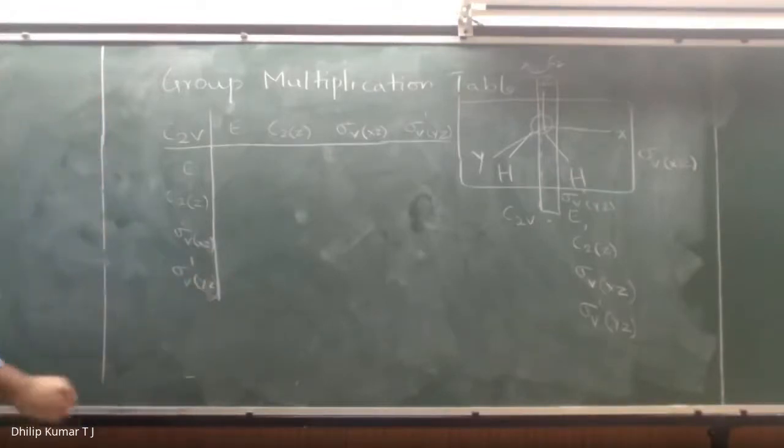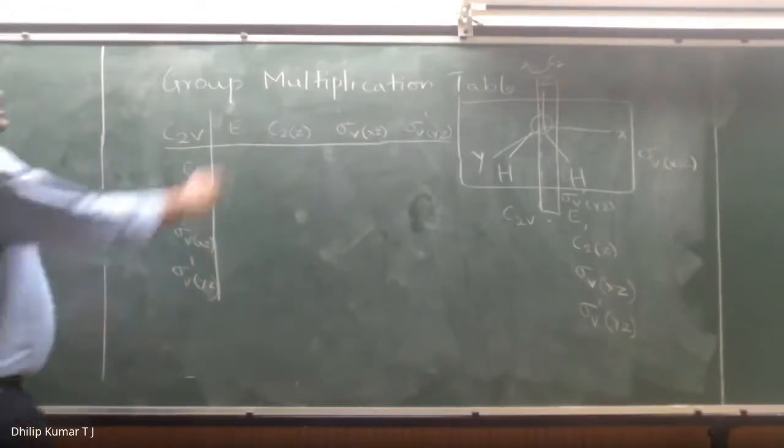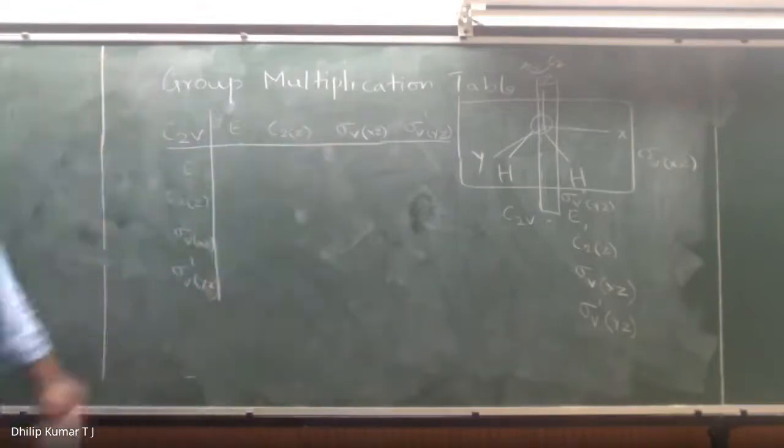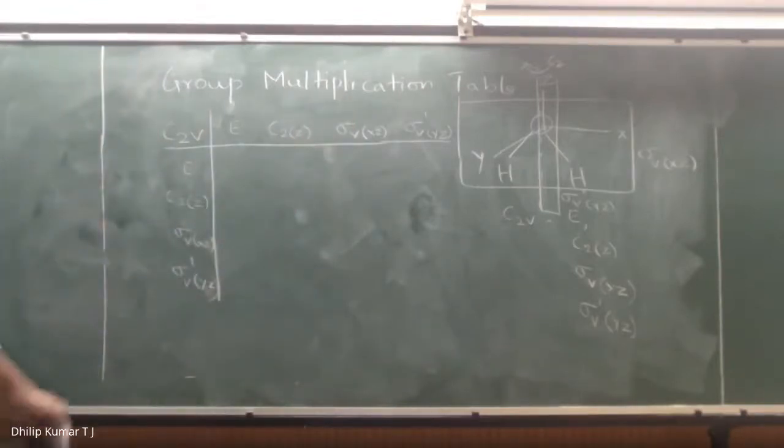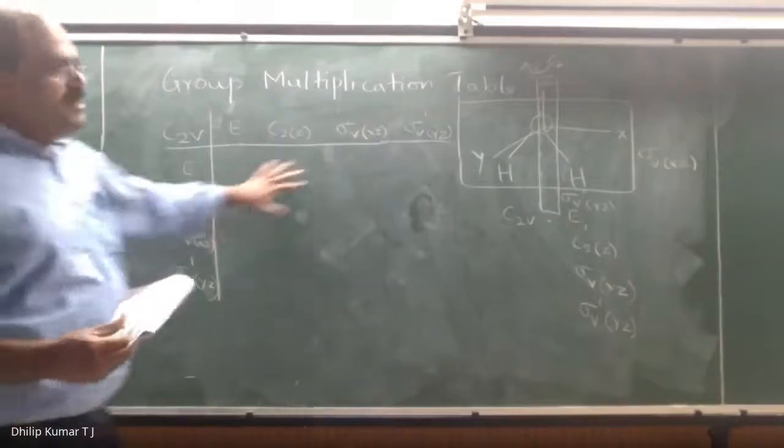So multiplication table: basically if you perform 2 operations, what is the outcome? That you have to fill in this table.